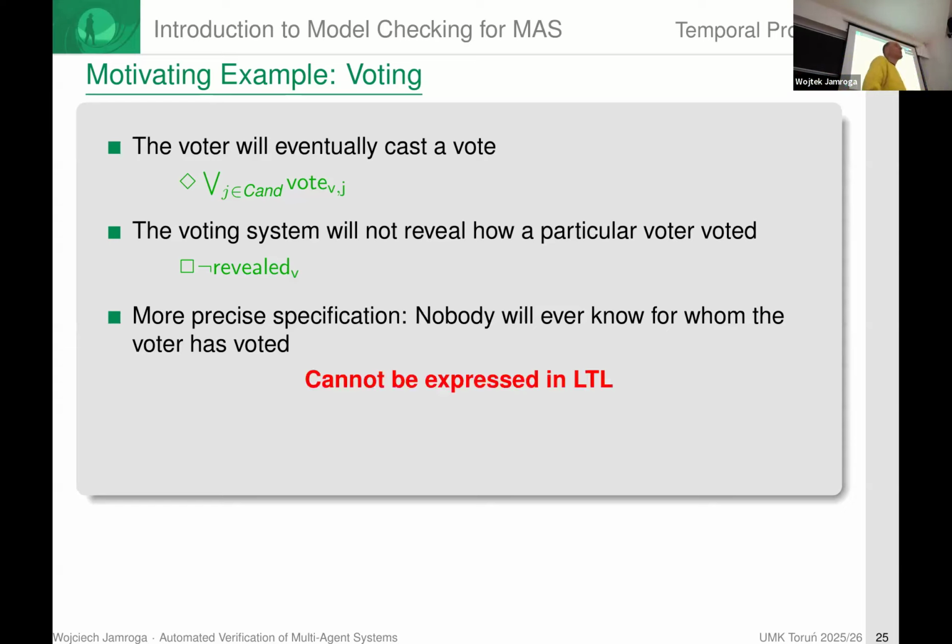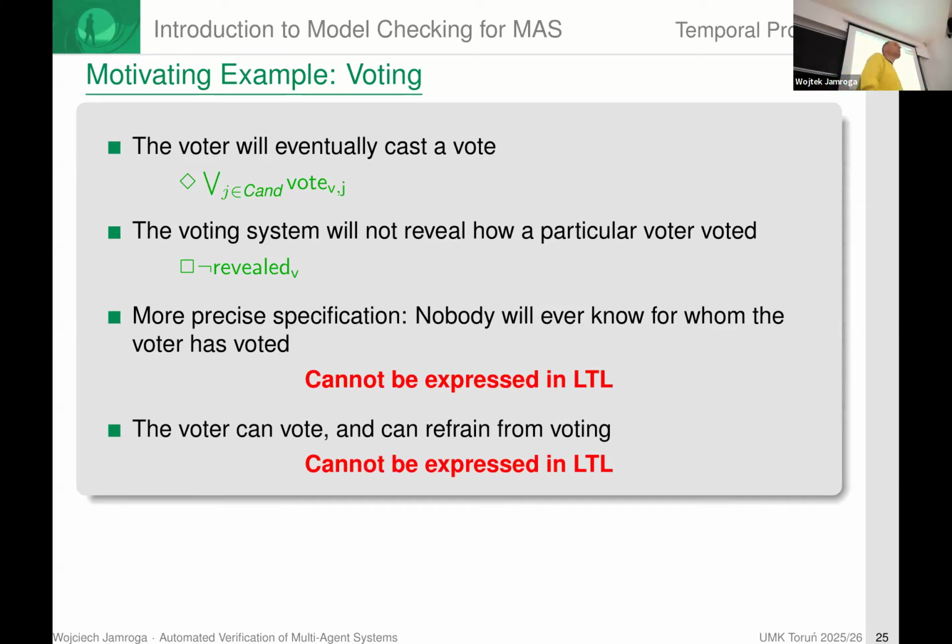And we cannot express it in linear time logic. Why? Because we need some kind of operators for knowledge, some logical means to address the knowledge of the other parties. The voter can vote and can refrain from voting. It cannot be expressed in linear temporal logic, because in LTL we can only talk about what must happen on all the execution paths.